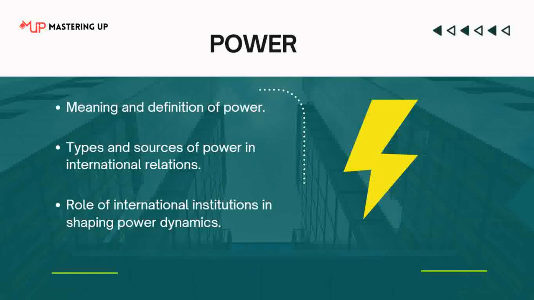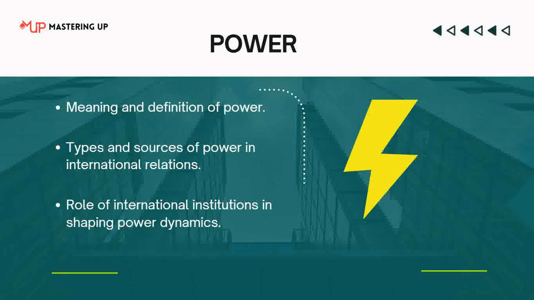And the first one we'll talk about is military power. Military power refers to the ability of a state to use force in achieving its goals. This means that a state achieves its goals through the use of armed forces, military interventions, and strategic alliances.